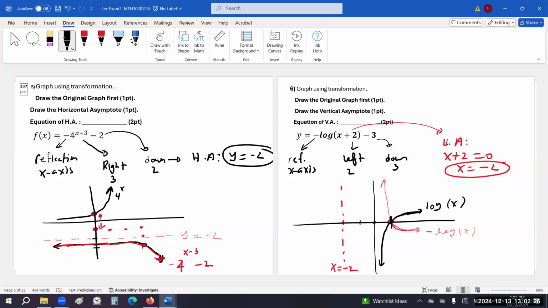When you reflect about x-axis, the top goes below the x-axis, and the bottom portion goes above the x-axis. And that reflection, we are moving 1 left, 2 left, 1 down, 2 down, 3 down here. So same graph, the left is going up, the right is going down. So negative log x plus 2 minus 3.